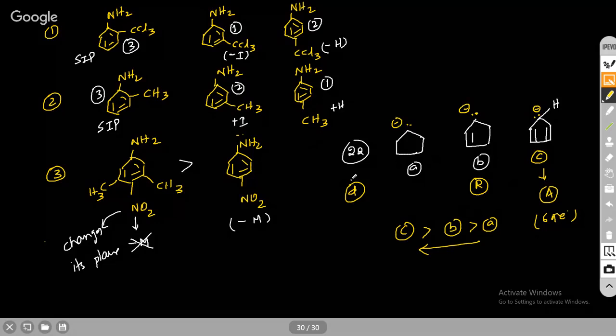Got it, Vaishnavi? Ritvik and Kushal, you see the next question, number 25. Which of the following has the most acidic hydrogen?